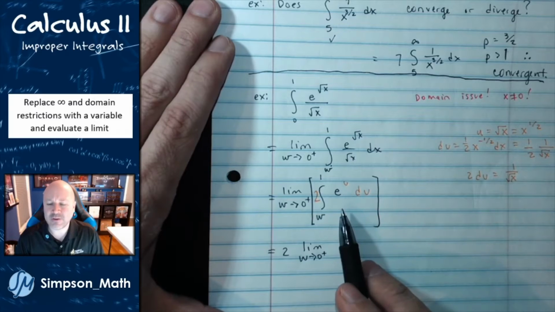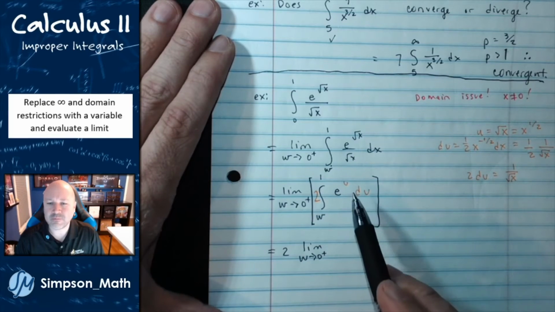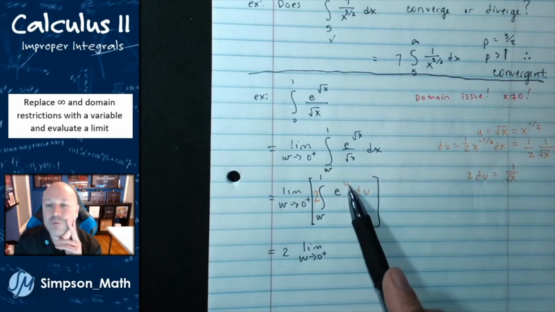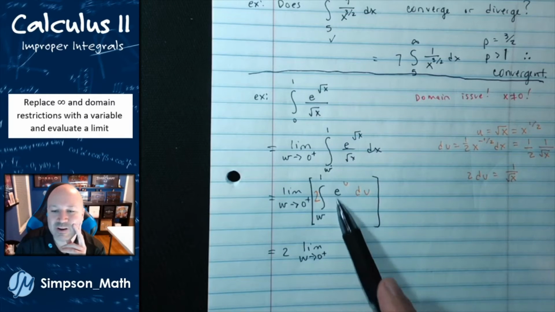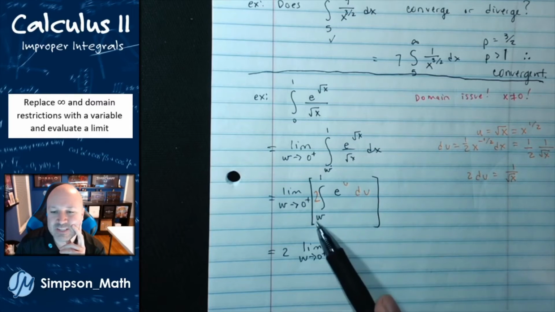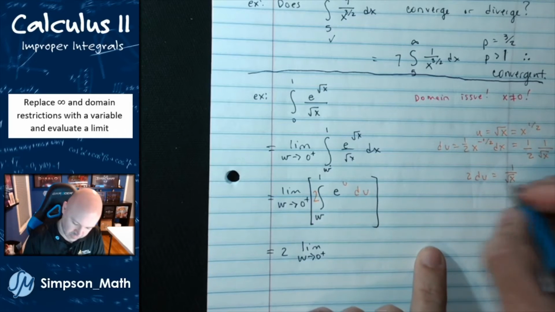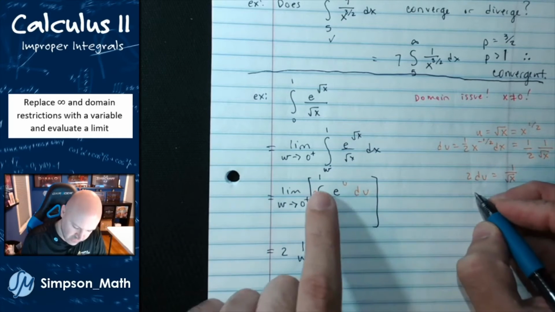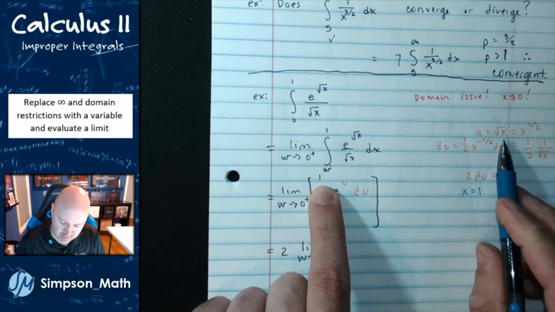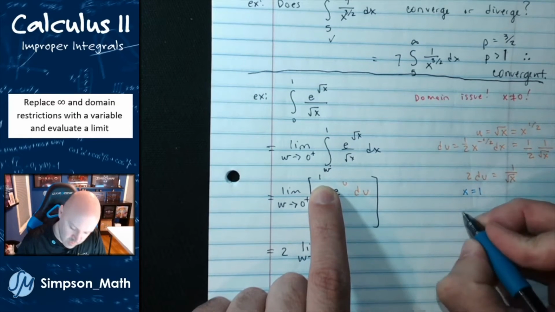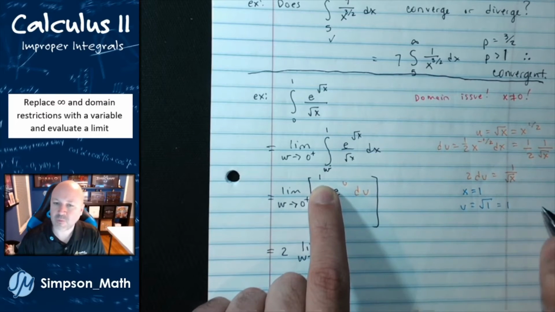I'm going to integrate e to the u. The integral, oh man, I'm in u land, but I'm using omega and 1, and those are x variables. So I should fix that real quick. If x equals 1, then u is the square root of 1, which is just 1.